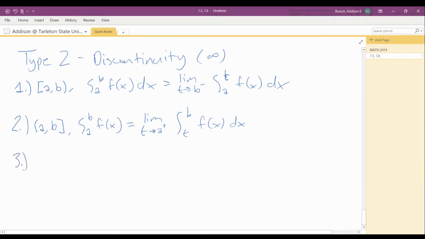And lastly, case 3 is whenever we have A less than C, which is less than B, and f of x has a discontinuity at C, but is continuous at A and B. Kind of a lot of buildup.